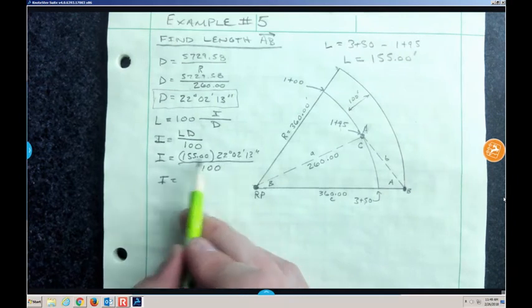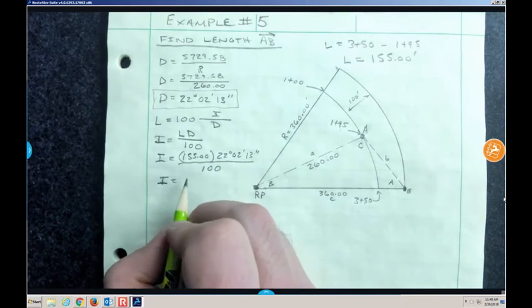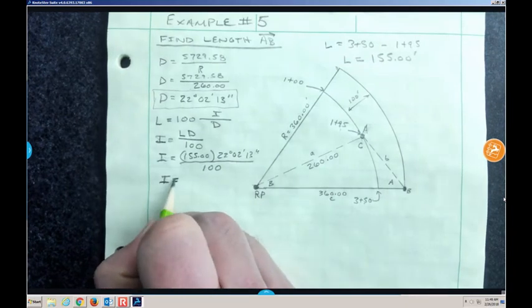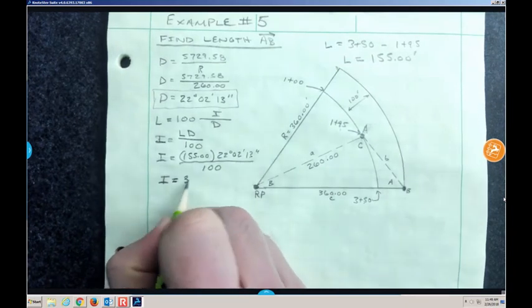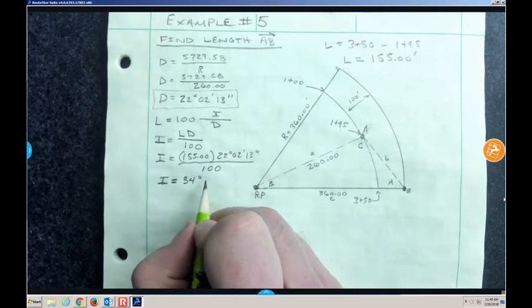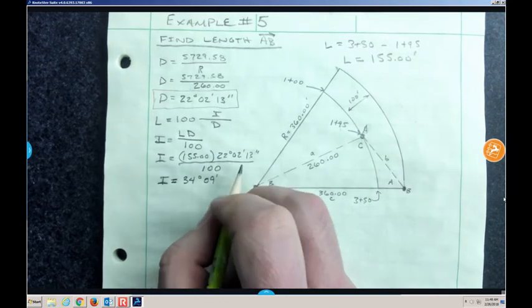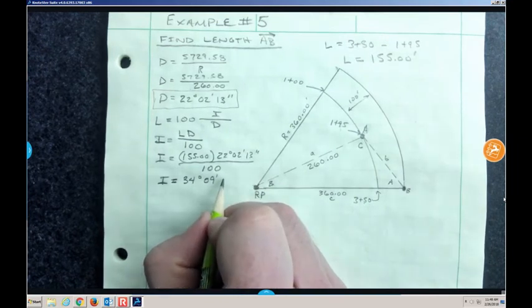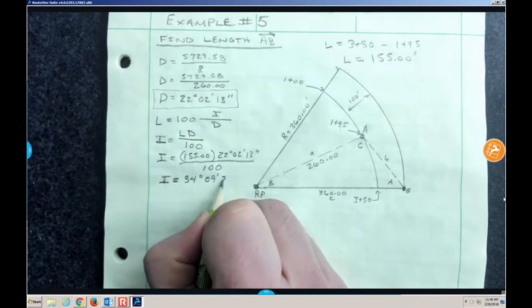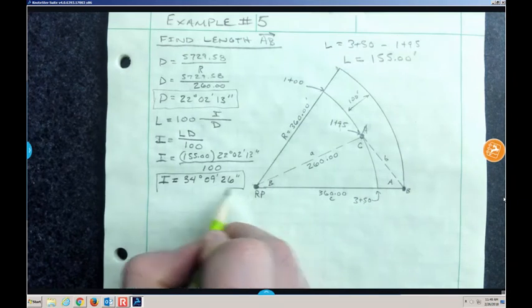Yep, I is always in degrees. It's 34 degrees, 09 minutes, 26 seconds. Okay, so we just figured out I.